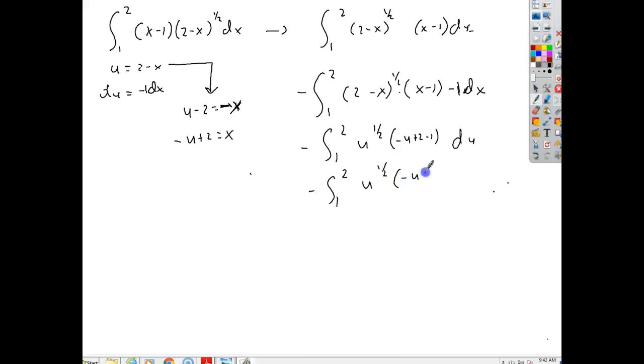1/2, this is negative u plus 1 du, or negative 1 du. I still got to have this negative 1 here. Now, can I distribute that through? I can now distribute this through, can't I? Now it's set up so I can distribute.